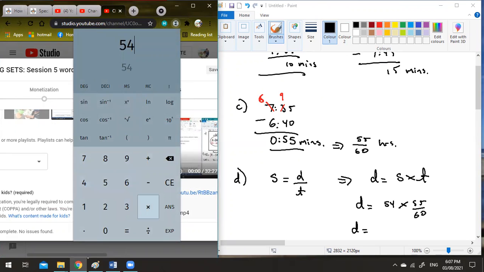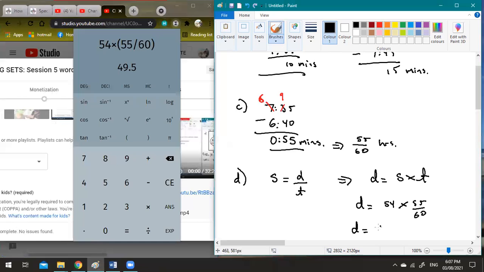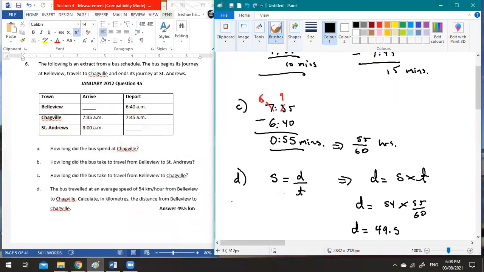So 54 multiplied by 55 divided by 60 is 49.5. And since it's a distance and the units that we are given is kilometers per hour, we know it is in kilometers.